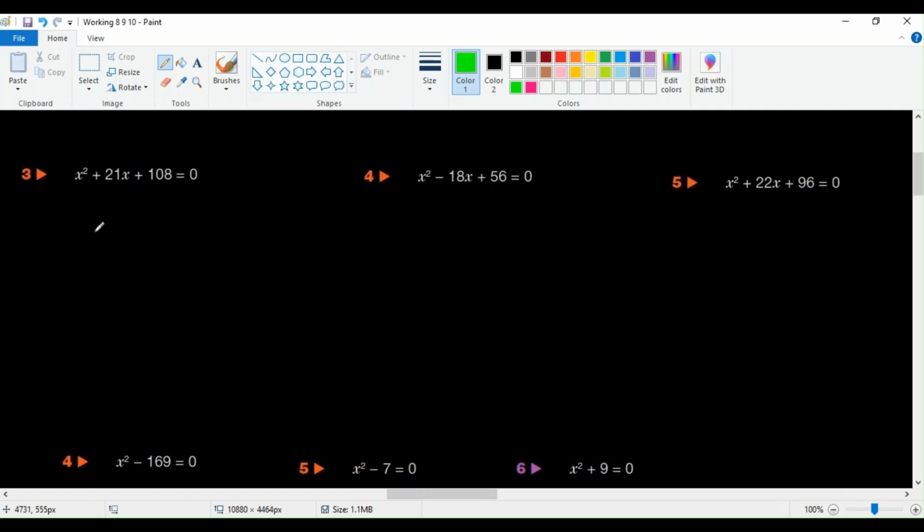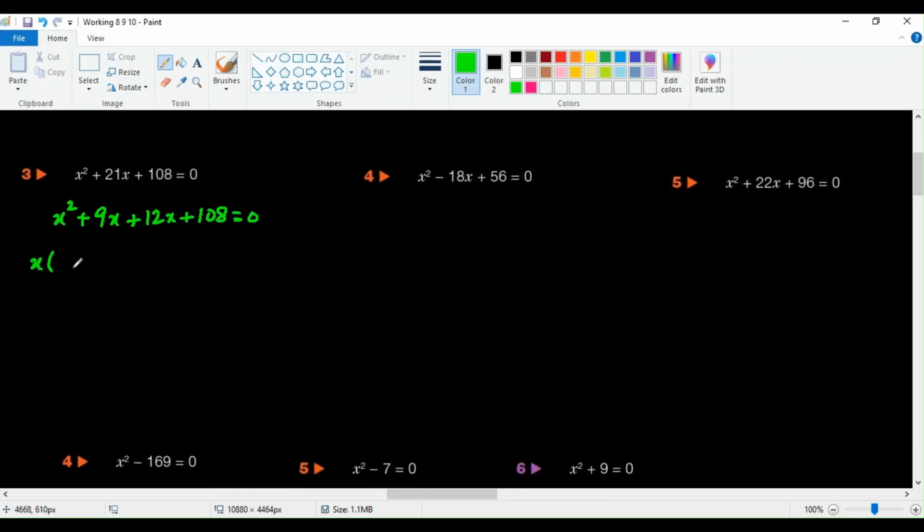When it comes to 108, we know very well that 9 times 12 is 108. That means plus 9x and plus 12x gives us 108, and 12 and 9 gives us 21.